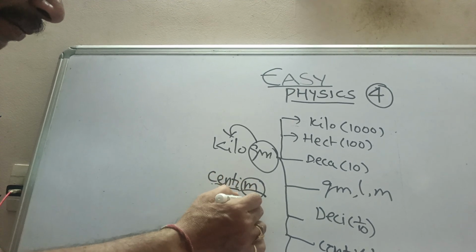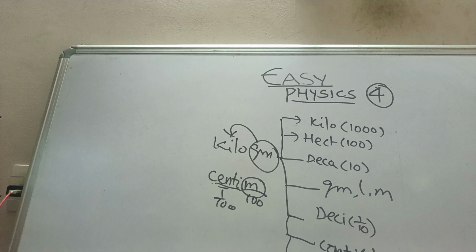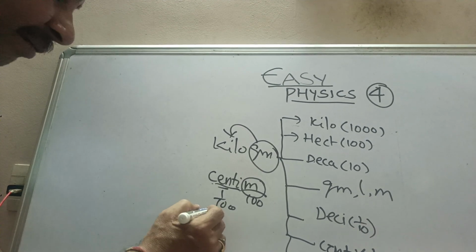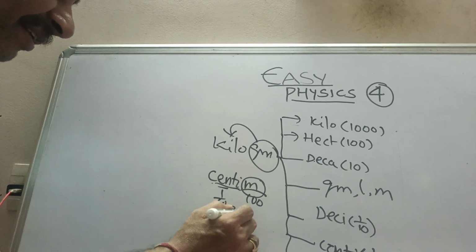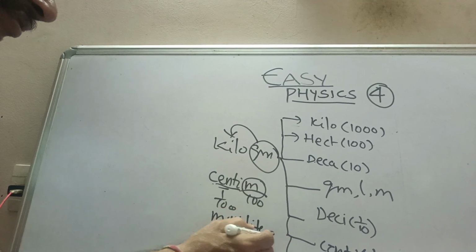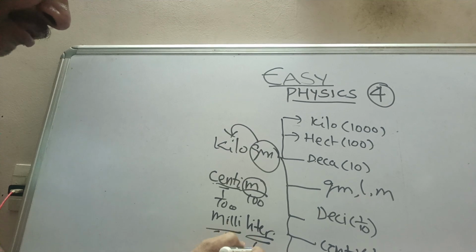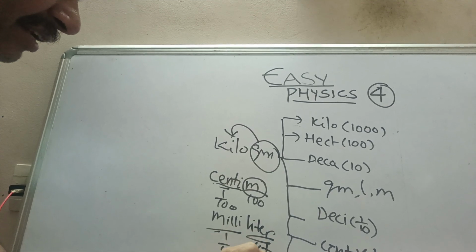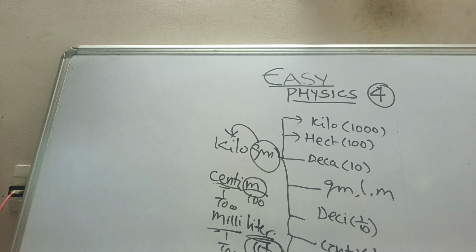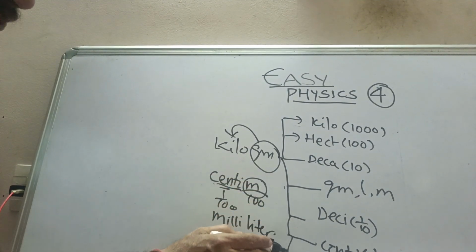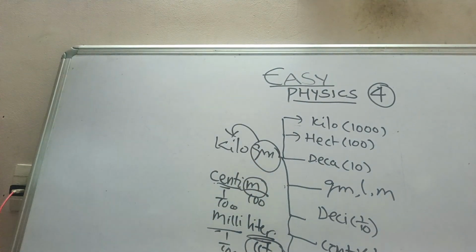So meter by 100 will become the centimeter. Millimeter, milliliter: take the liter, milli means 1 by 1000 times. So liter by 1000 is called the milliliter. So these are the reducing values and these are the increasing values.